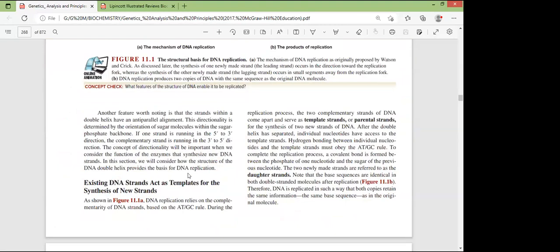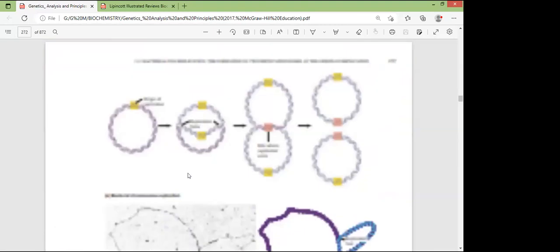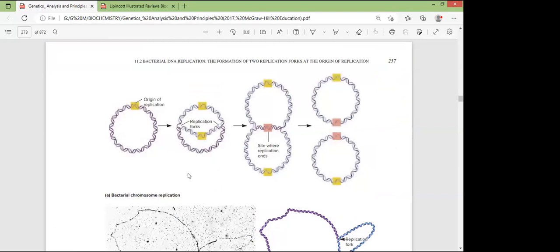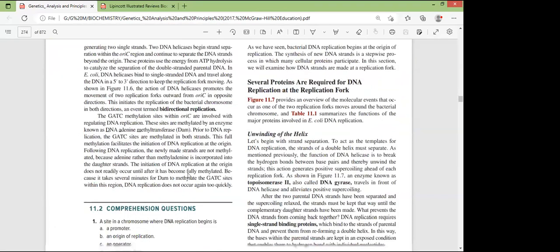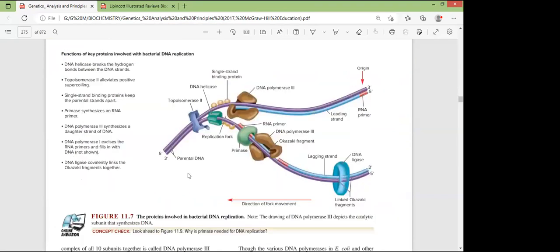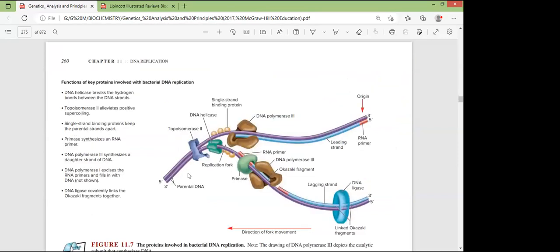So, as a summary, we know DNA is double-stranded.